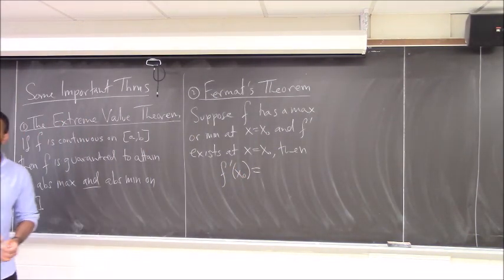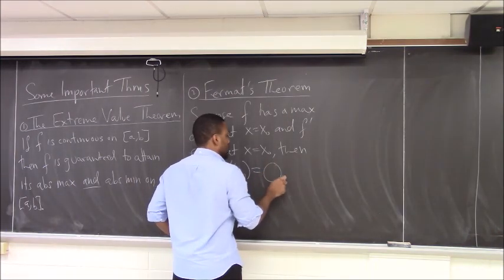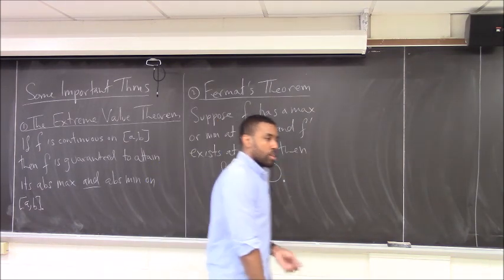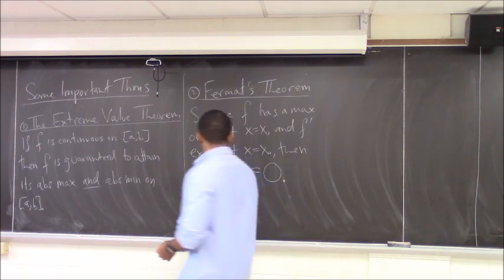Does anyone know what f prime has to be? It has to be 0. Turns out if you have a maximum or minimum and your derivative exists at the point, it has to be 0 at the point.